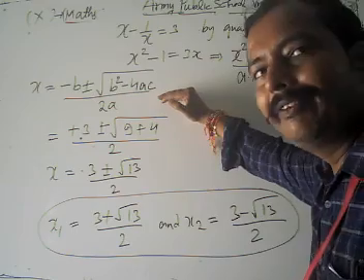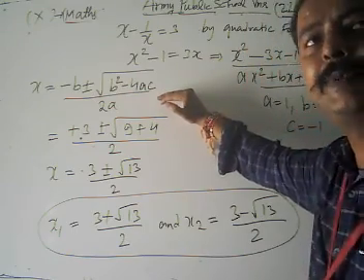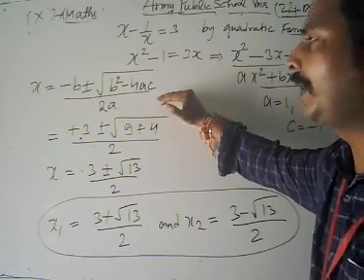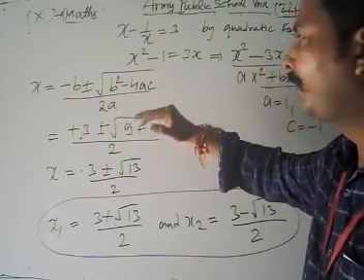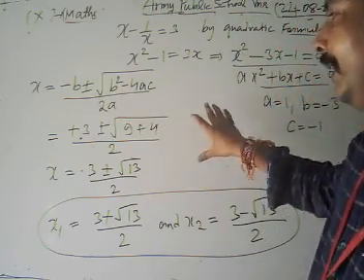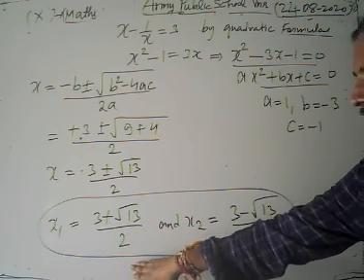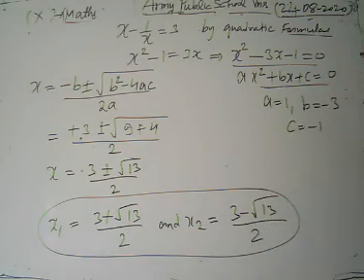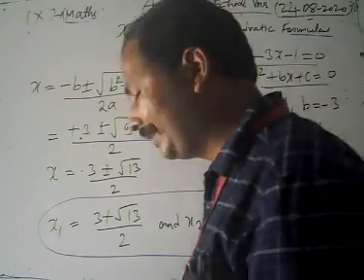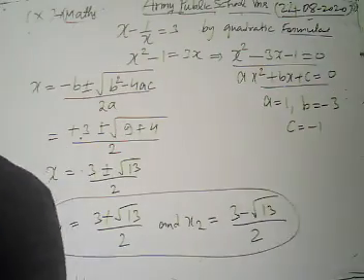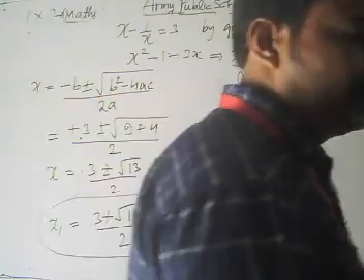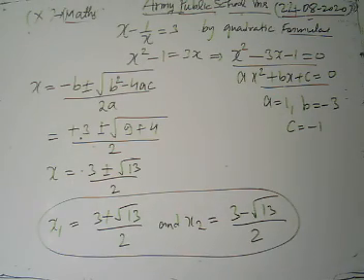Our roots are given by x equals minus b plus minus under root b square minus 4ac upon 2a. Then putting the values of a, b, c and after solving, we get our required roots: the first root is 3 plus under root 13 by 2 and the second root is 3 minus under root 13 by 2. This is our required solution of the given question.